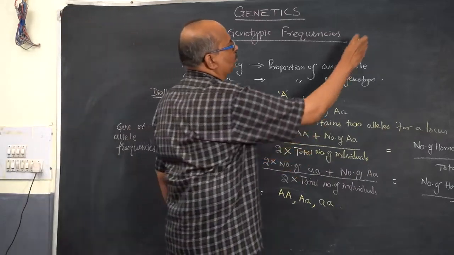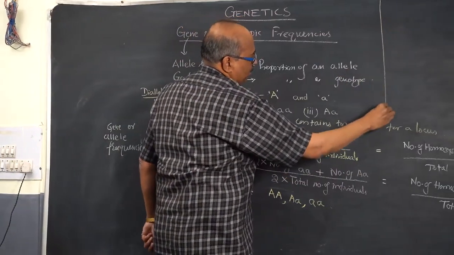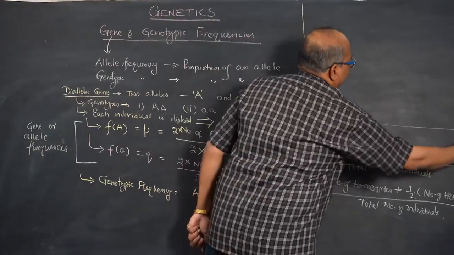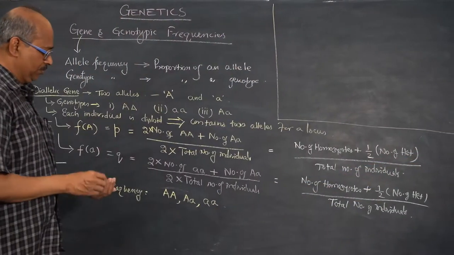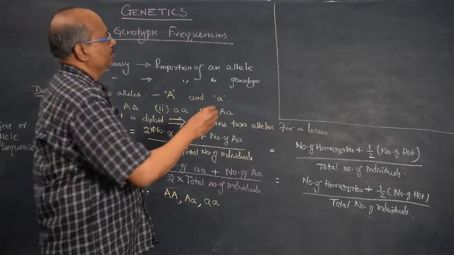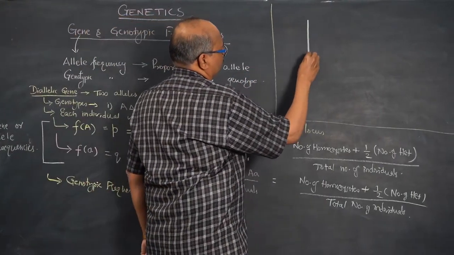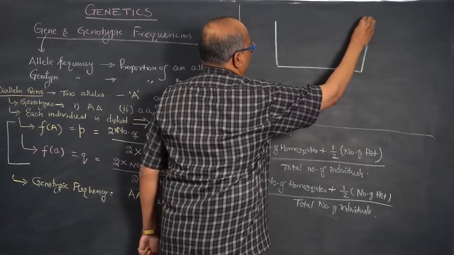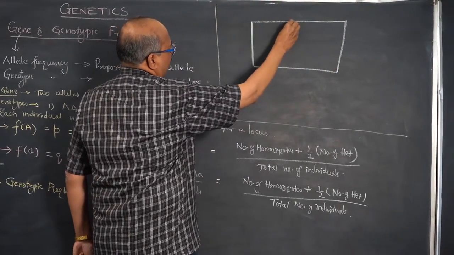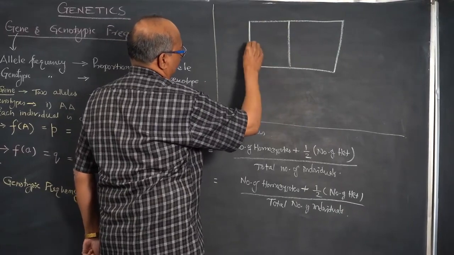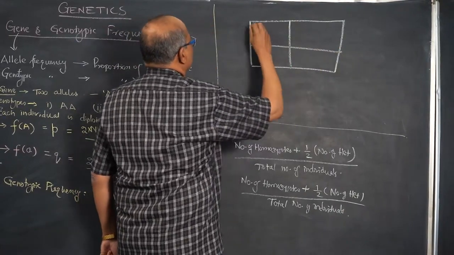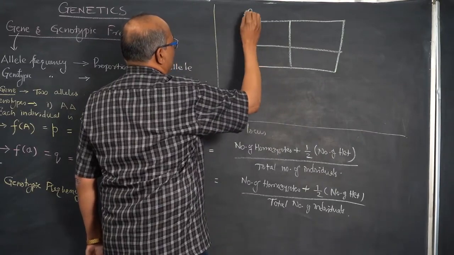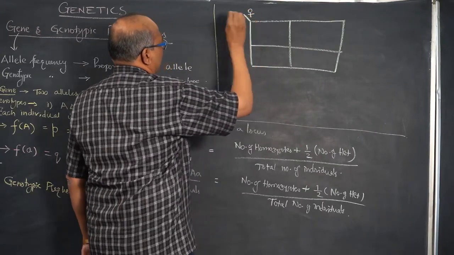So to find out the genotypic frequency, we make a checkerboard. On one side of the checkerboard we take the female gametes, on another side we take the male gametes.